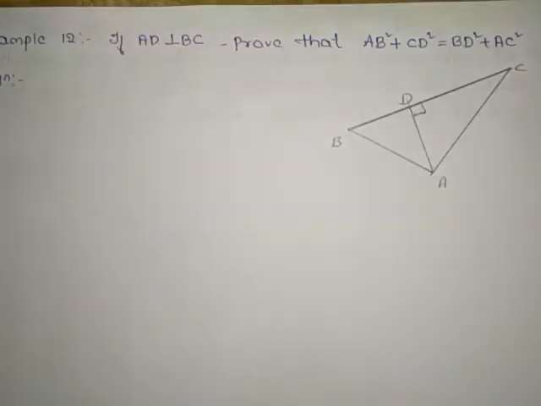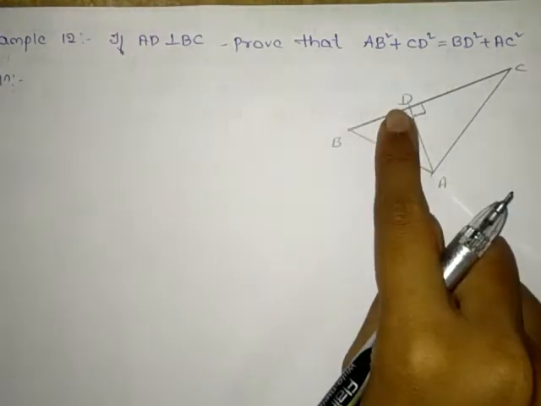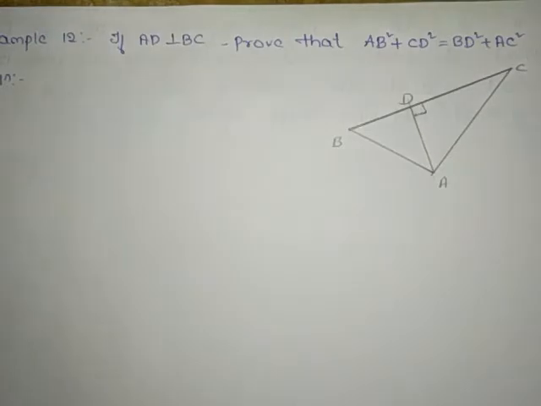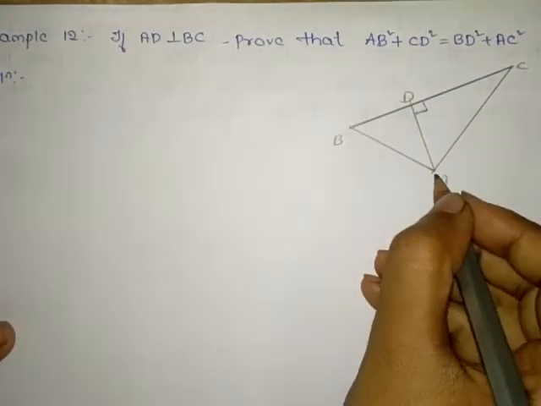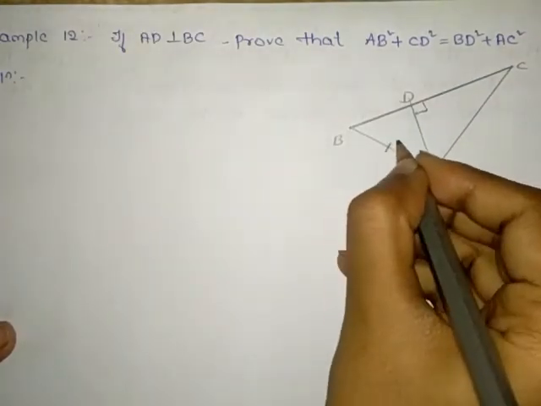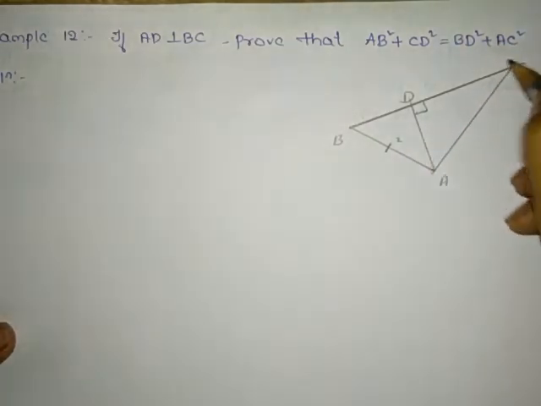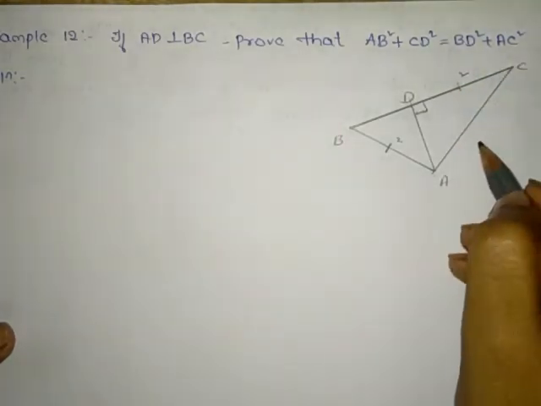12th example. If AD is perpendicular to BC, here we need to show that AB square plus CD square, or DC square, is equal to what?